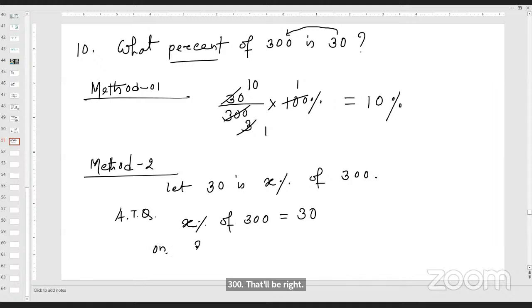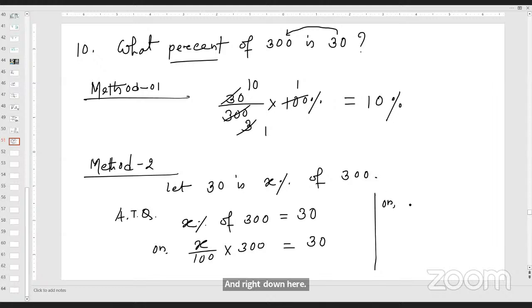Or x over 100, or instead we can write down multiplication. 3 is equal to, we can write down here.